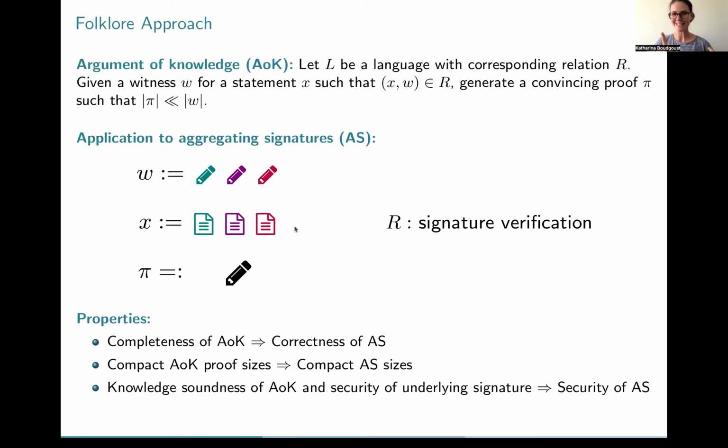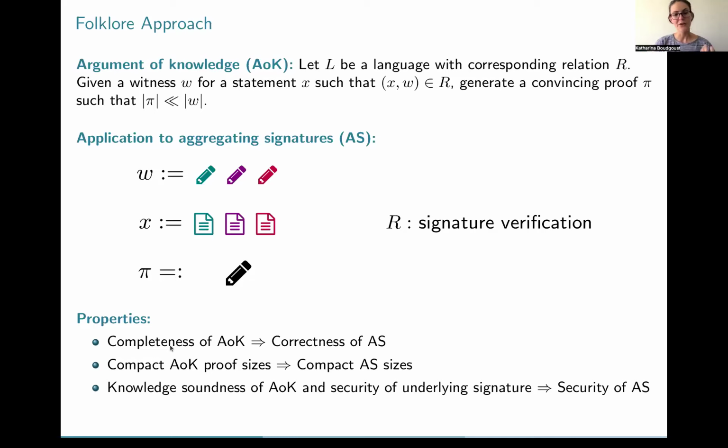Existing is not enough. Of course, for every message there exist verifying signatures, but we want to convince the verifier that we know such signatures. And then the proof that I'm getting out of this general argument of knowledge will be my aggregate signature. And it works pretty much as you would expect.